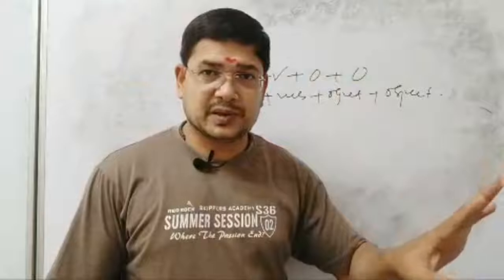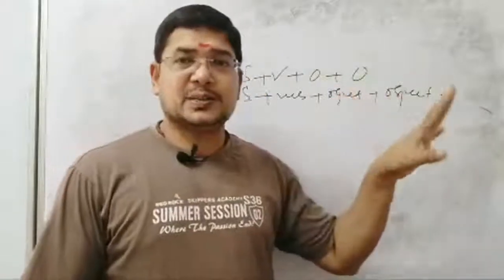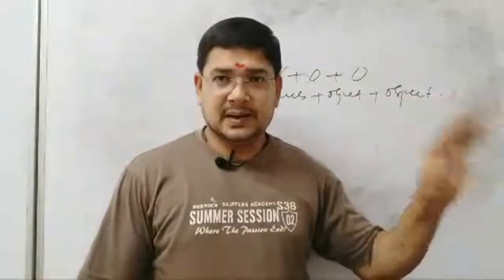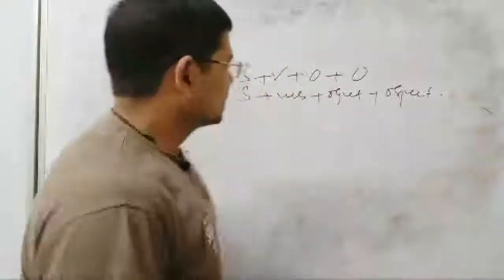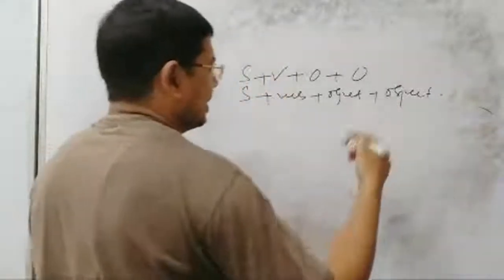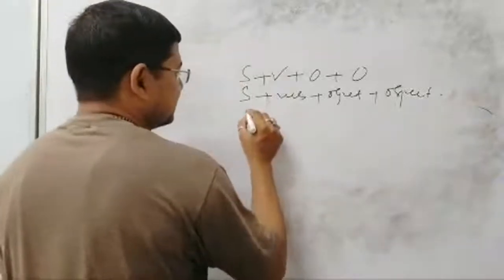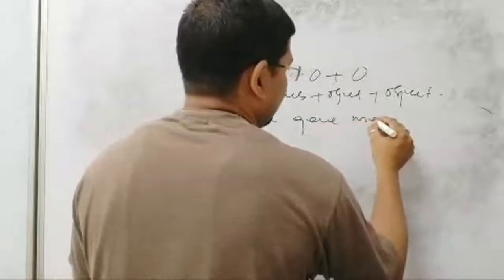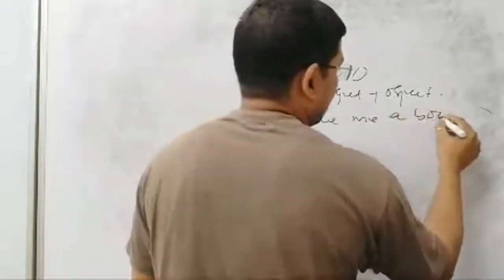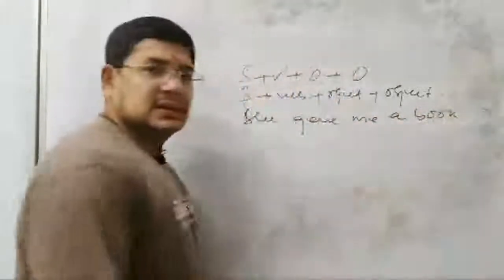When you are using two objects, this is called your SVOO pattern. Getting me? So what happens here in this case? How can we write? She gave me a book.